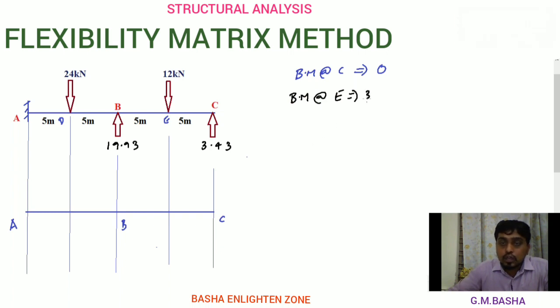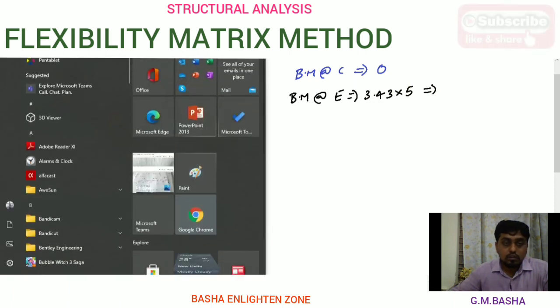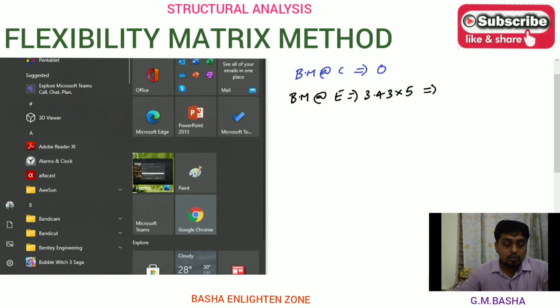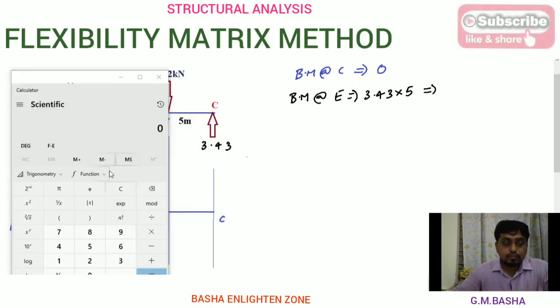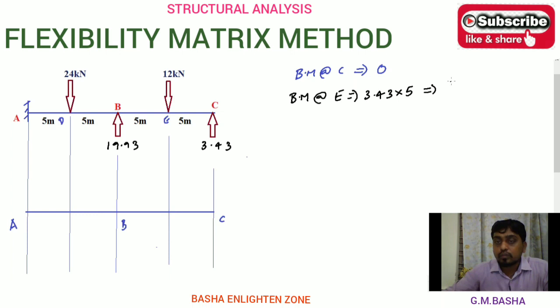Therefore 3.43 into this 5. If you simplify, how much will you get? 3.43 into 5, you will get 17.15.